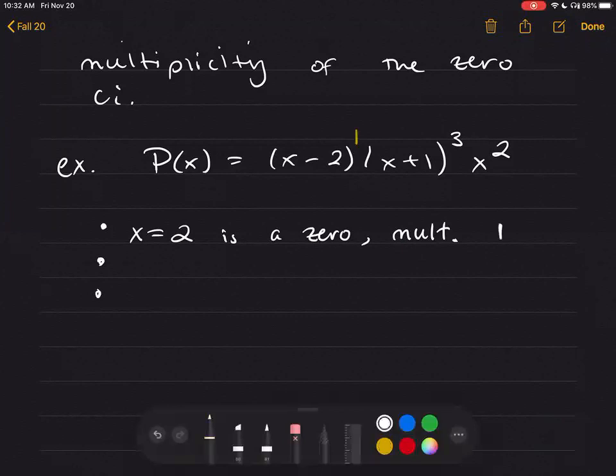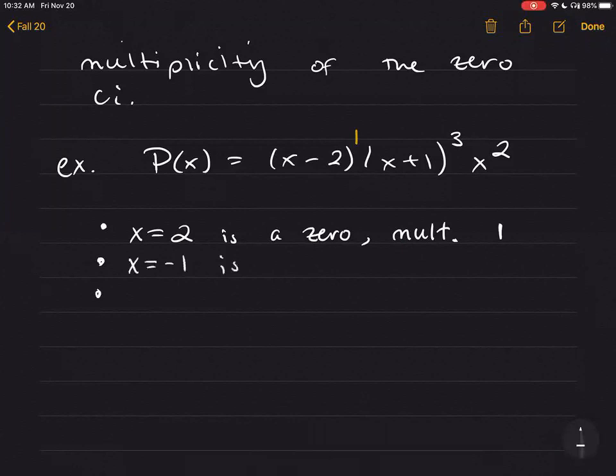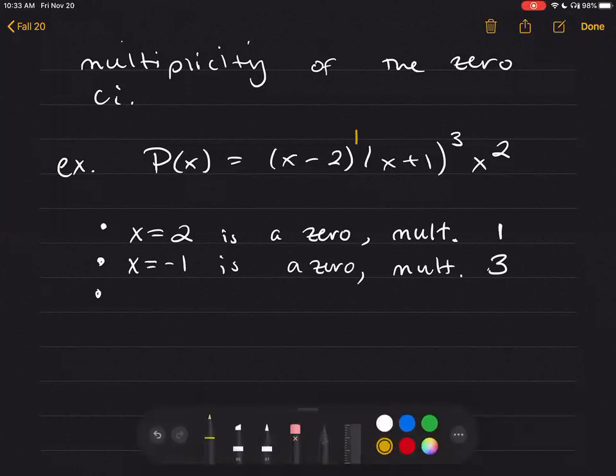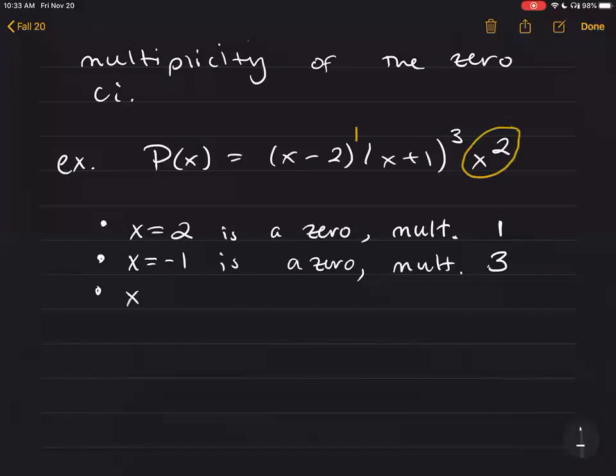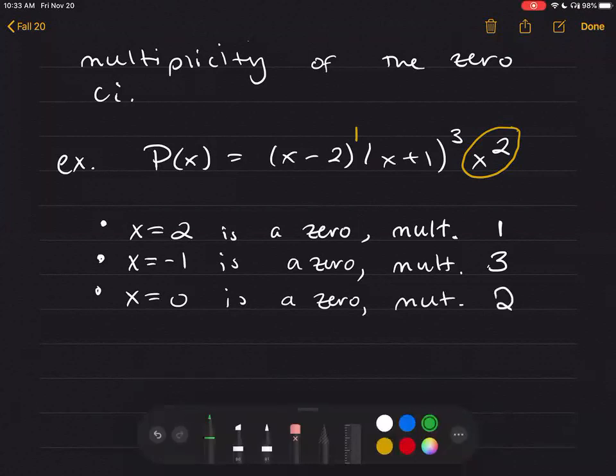Then the second term, x plus 1 to the third, gives us x equals negative 1, which is a zero, and it has multiplicity 3, just look at the power. And this last one, the x squared, gives us x equals 0 as a zero, with multiplicity 2 because it is raised to the second power.